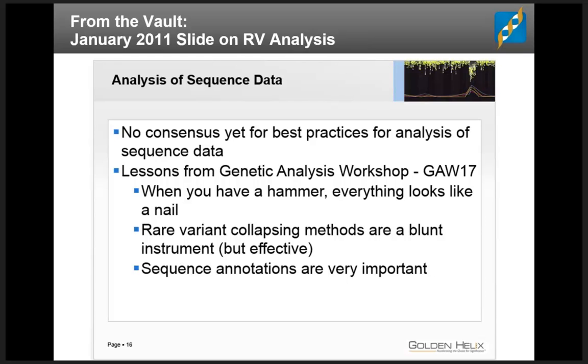And one of the biggest lessons that I came away from is that sequence annotations are extremely important. And what I observed at the time is that there were people who were coming in from a bioinformatics background who knew how to use things like SIFT and PolyPhen, where a lot of other researchers were coming straight out of a GWAS environment where really they were not quite so familiar with the different prediction algorithms and public data sources that might be used for data filtering.